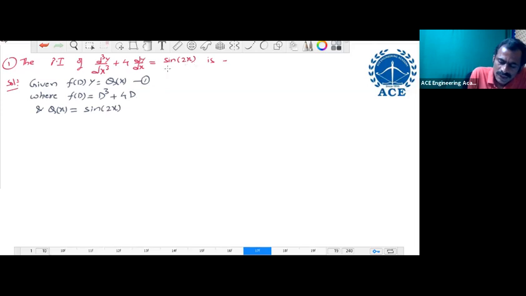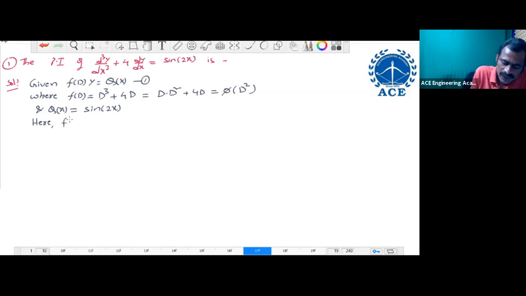Whenever it is a sine or cos trigonometric function, we check whether f of D contains a D square term or not. Here it is present, because we write D cube as D into D square plus 4D. If a D square term is present, then we consider this as a function of D square.